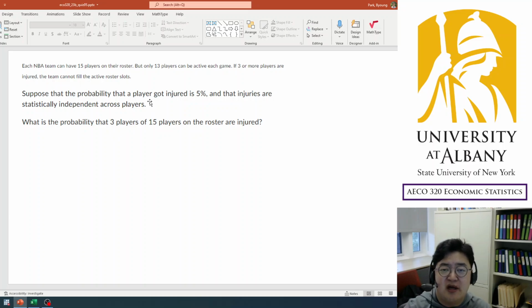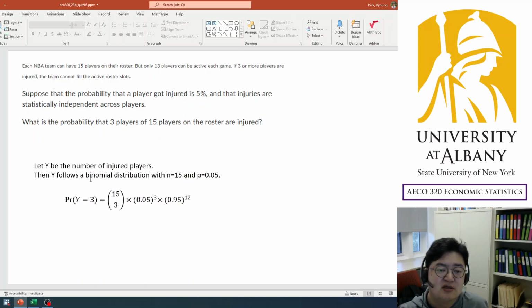And here we are going to apply the binomial distribution in this context. Each player can get injured with 5% probability, and injuries are independent across players. Okay, then what is the probability that 3 players of 15 on the roster are injured? So we are looking for this probability, and of course you can expect a binomial distribution in this scenario.